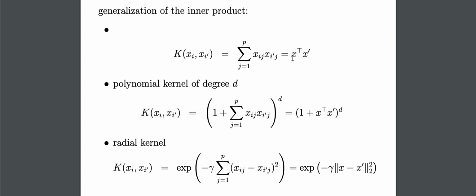It would be just x transpose x prime, but if we want to generalize this, we can use a polynomial kernel of degree d, or a radial kernel. The polynomial kernel of degree d is the inner product plus 1 to the power of d. That's it. And if you expand this, we can write exactly what this implies.